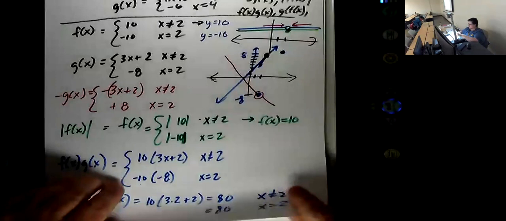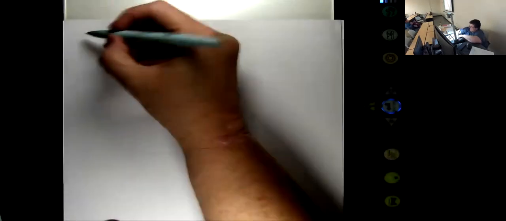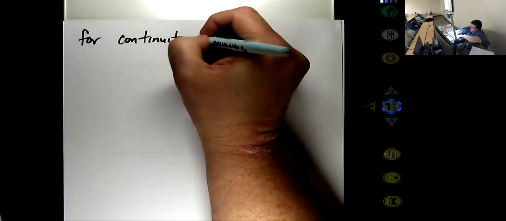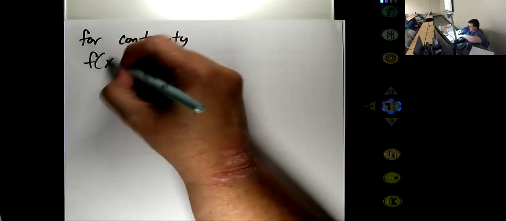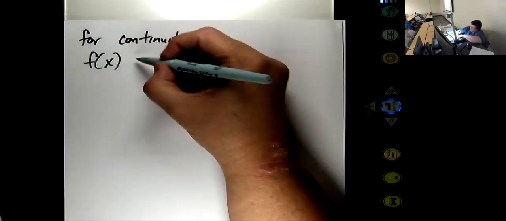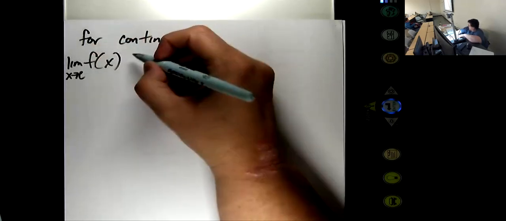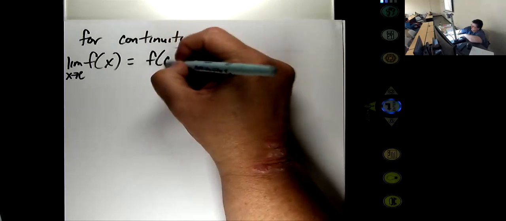While I still have this video, I'm going to point out a reminder. Continuity. F of c has to be defined. The limit as x approaches c of f of x has to equal f of c. That's one of our rules.